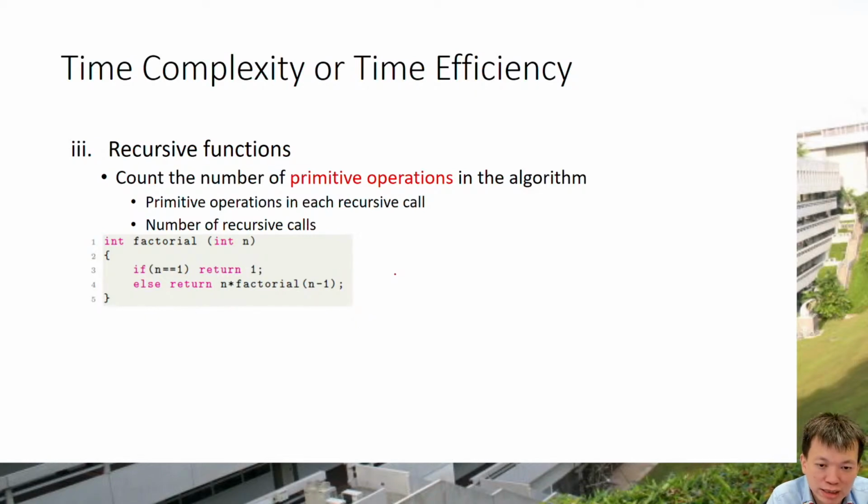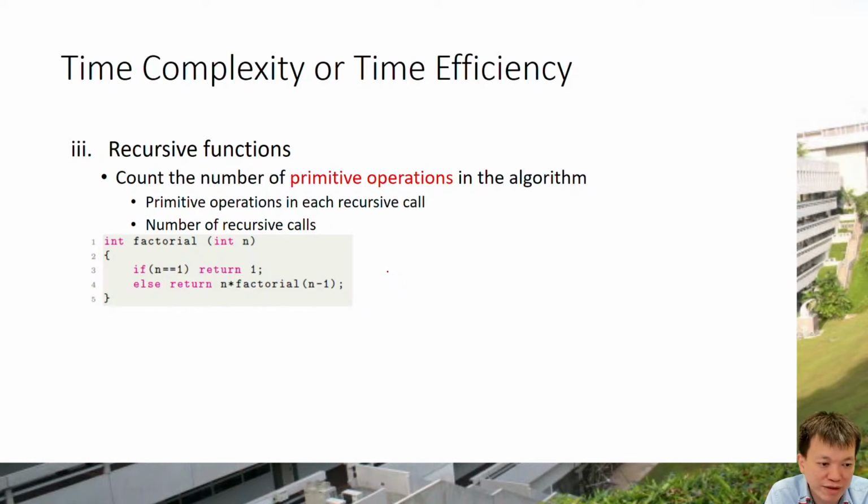Actually, the constant time I showed you in the past few slides was just a kind of guide only. Later you will find that we don't really bother about the computational time difference between different primitive operations. You can assume all of them are the same, so that means C1, C2, you can assume they are the same for each primitive operation.